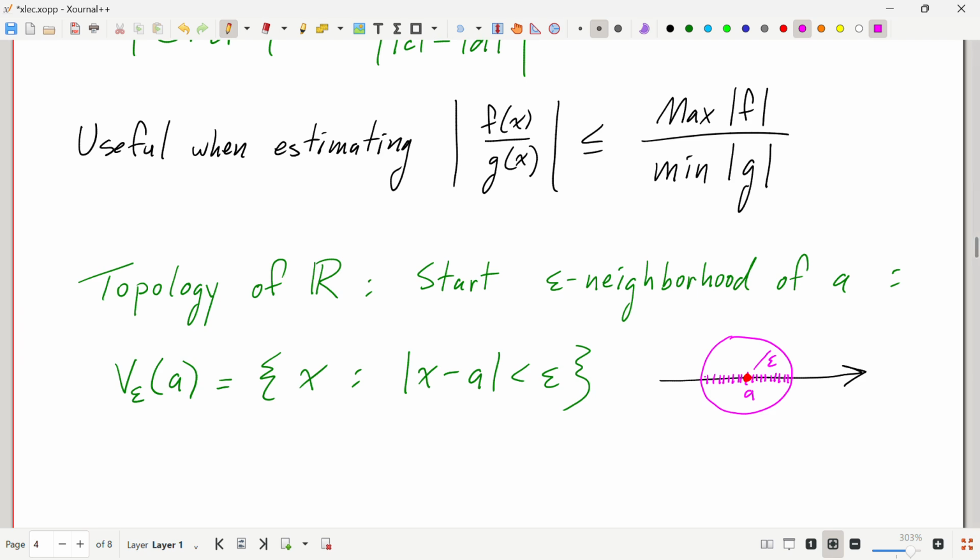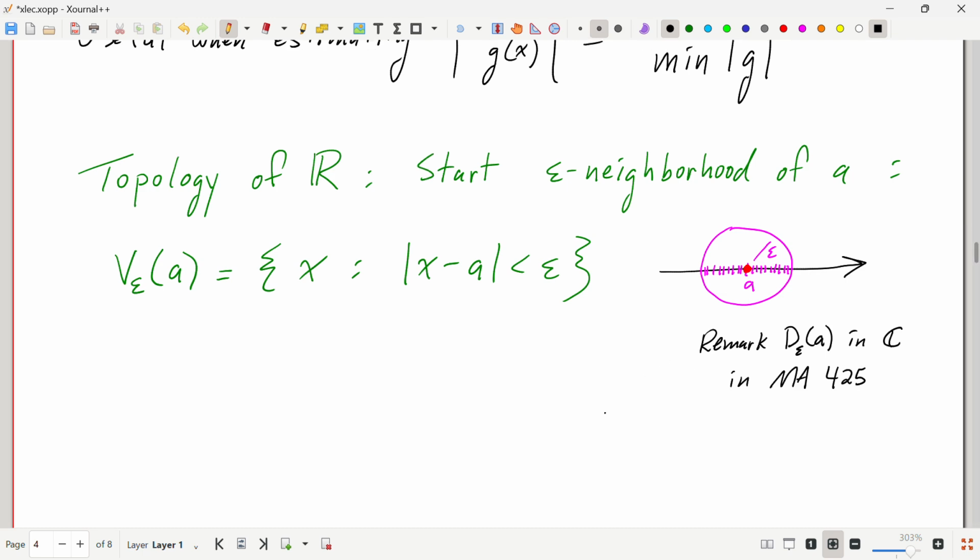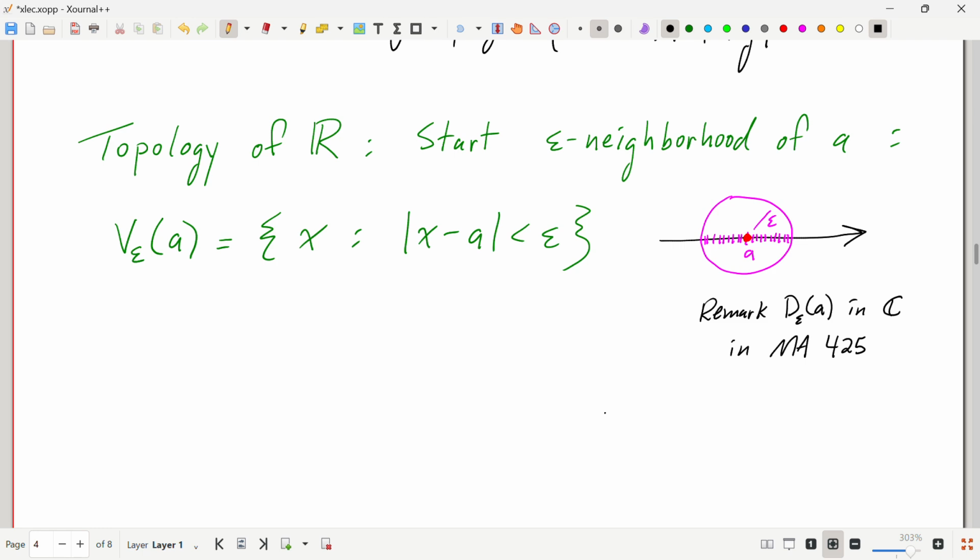But it wouldn't include the points on the circle. So I guess it's a remark. This would be the disk of radius epsilon about A in the complex plane in Math 425. And that's why I like to think of this V as a D, a disk.